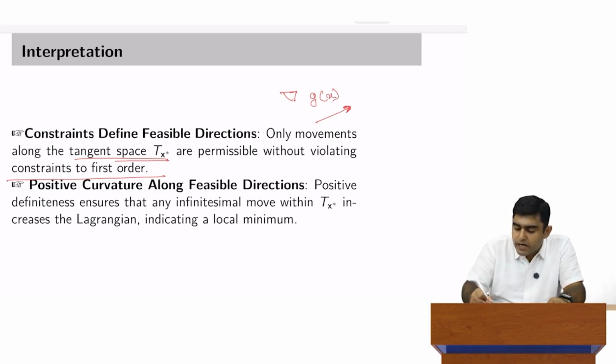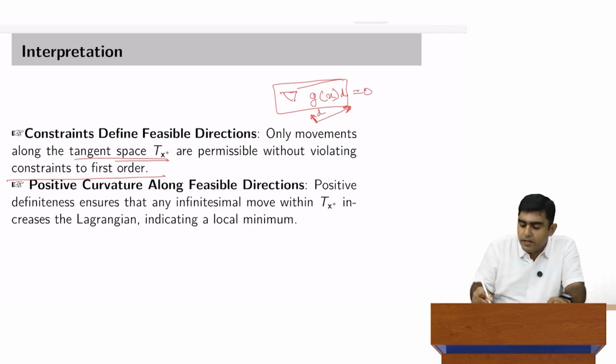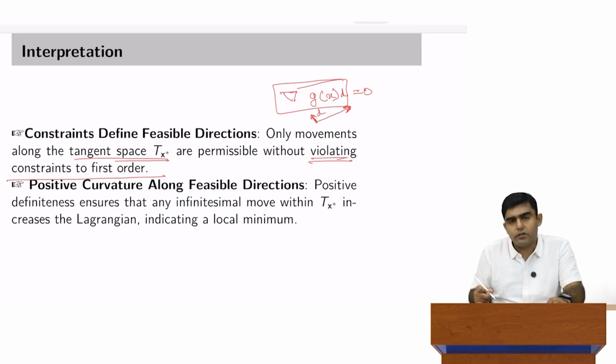However, when I am talking about moving along the feasible direction, that is along the curve, I am talking about moving along the tangential direction, and this happens to be the null space of the gradient of g x itself. Hence, this multiplication of del g x by d ensures that I am never leaving the curve and never violating the constraint to first order.